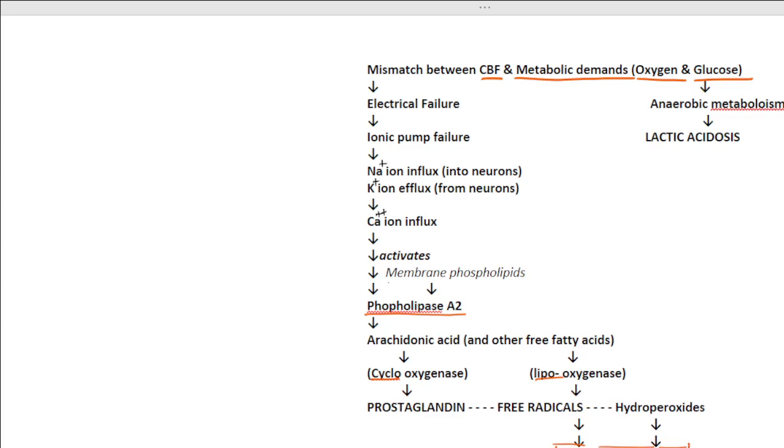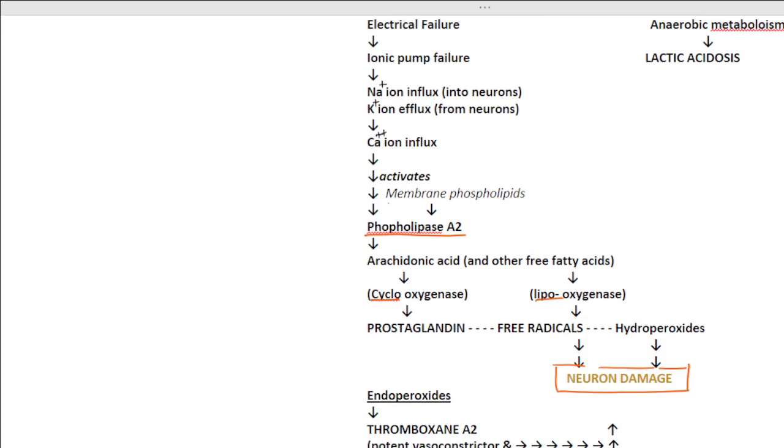Now if you see hydroperoxides, obviously peroxides are there that will go for damage. Apart from that, you see endoperoxides, thromboxane A2 and prostacyclin. What is that? Thromboxane A2 is a vasoconstrictor and platelet aggregant. But in contrast, prostacyclin is a potent vasodilator and anti-aggregant of platelets. This will also cause what? Neuronal damage.